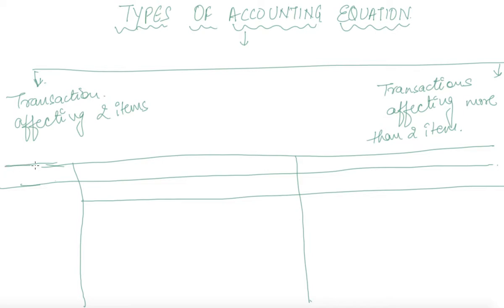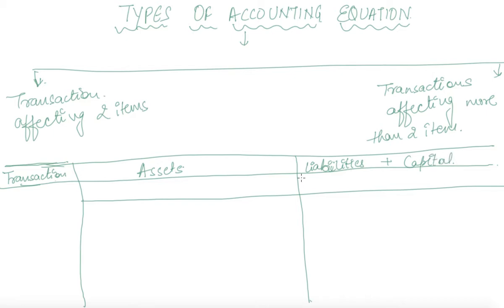In the first column you are required to write down the transactions. In the second column it is about assets, and the third one is for liabilities plus capital.